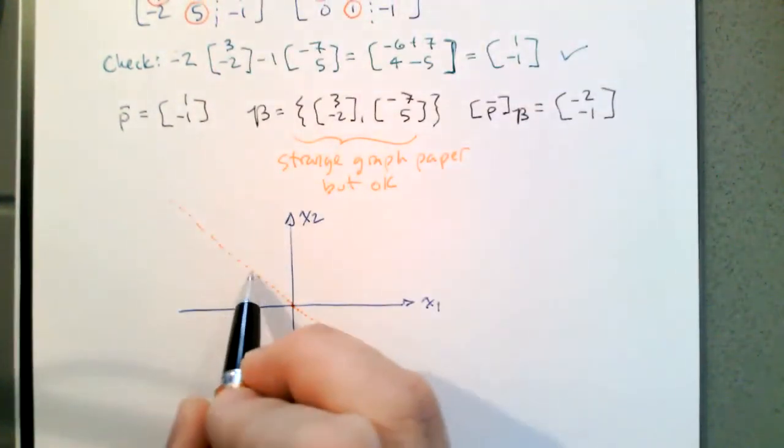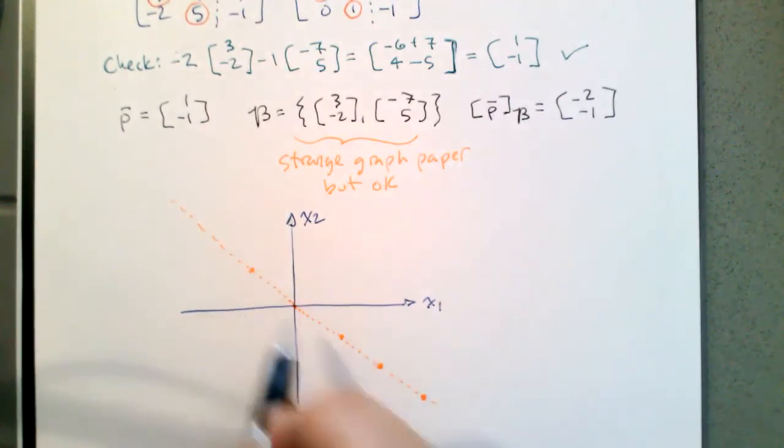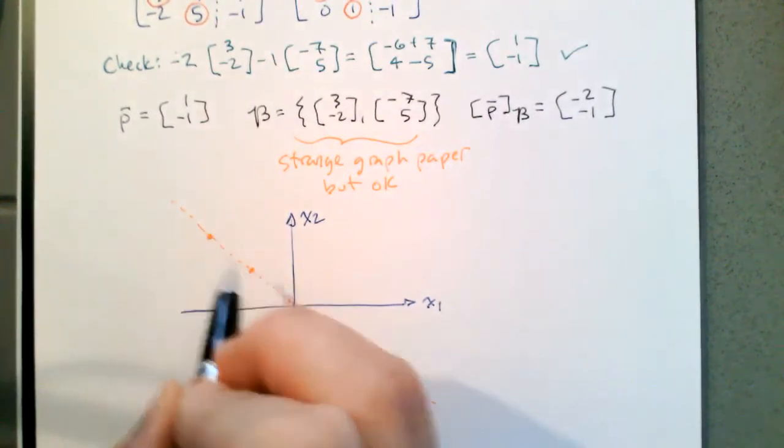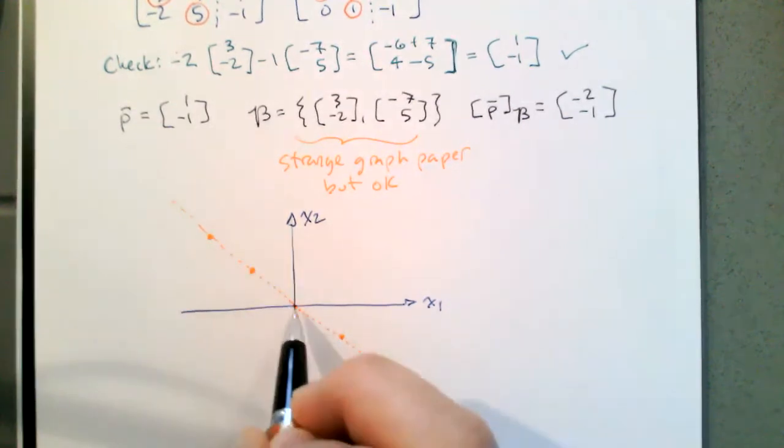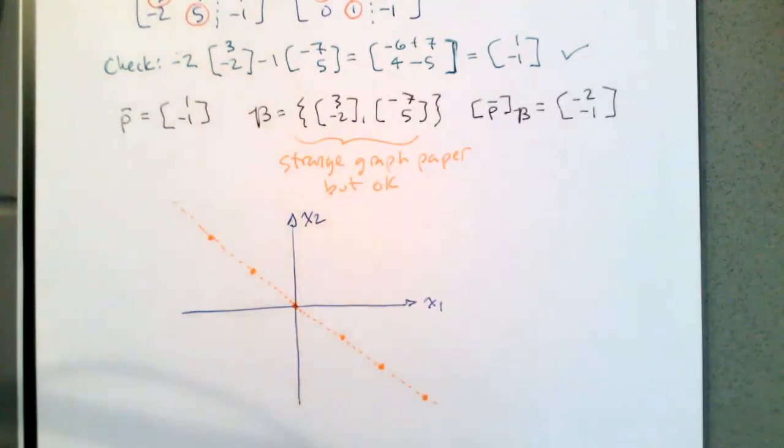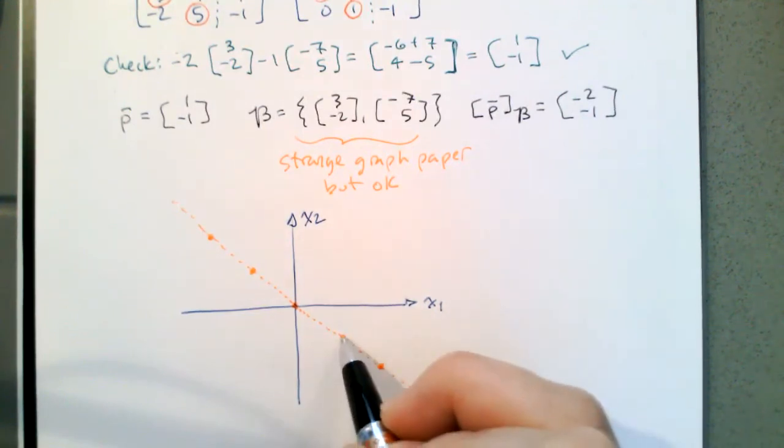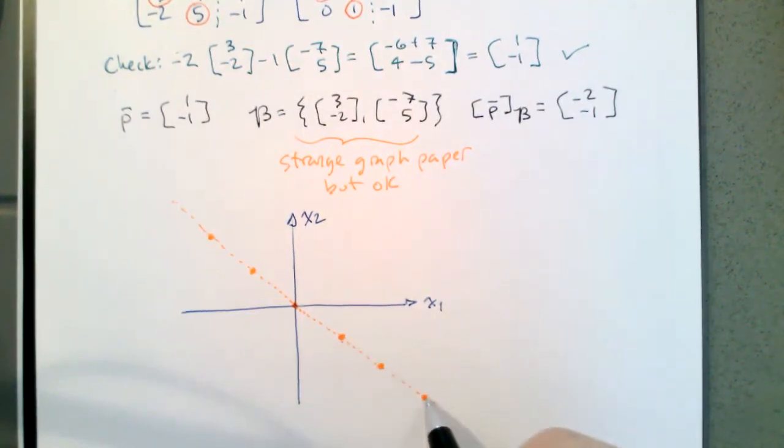In normal coordinates, we call this (3, -2). But in B coordinates, we just call that the first vector. That would take the place of (1, 0).